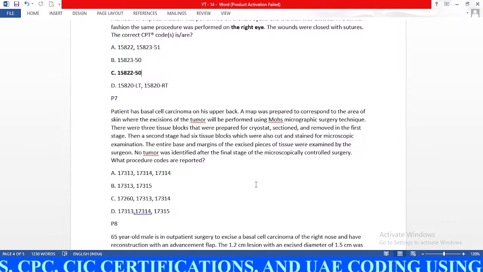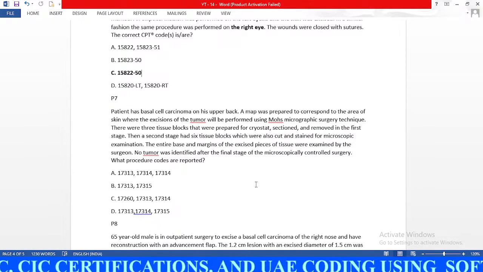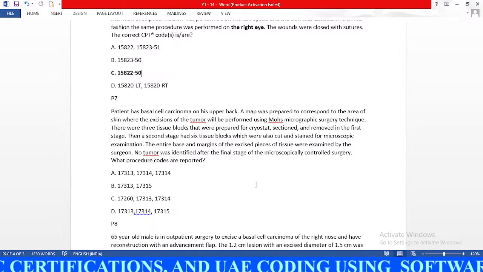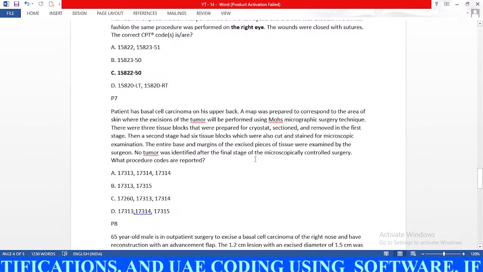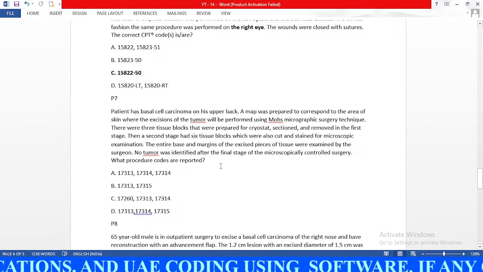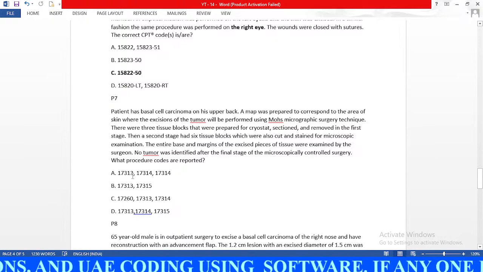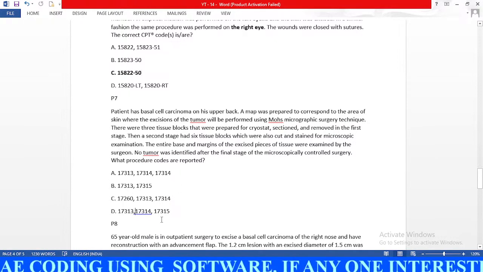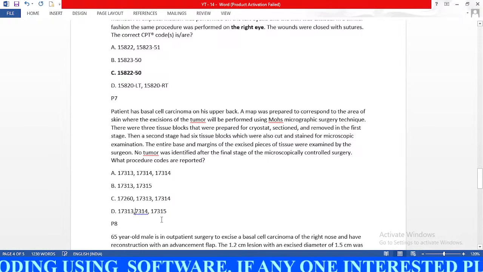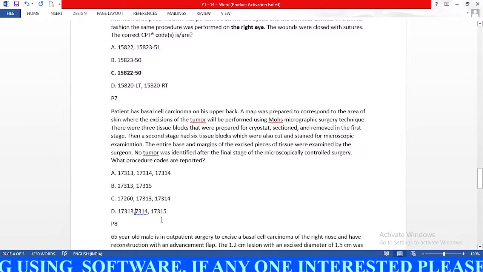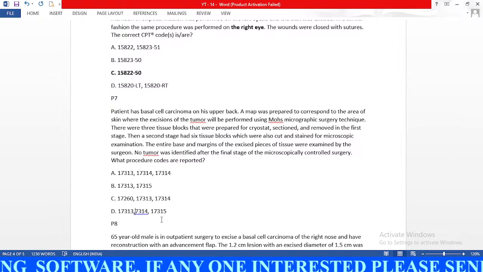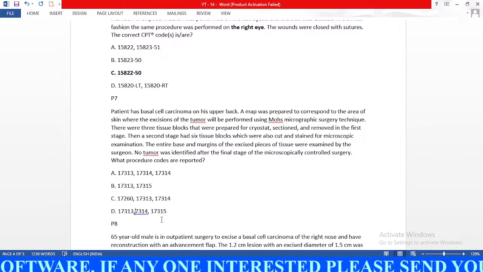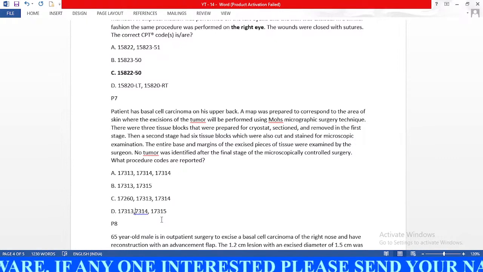Then the entire base and the margins of the excised piece of tissue are examined by the surgeon. No tumor was identified after the final stage of the microscopically controlled surgery. The options are 17313, 17313, 17260, 17313. Now it is 10:40. I will give you 4 minutes, and we will discuss the answer at 10:44.